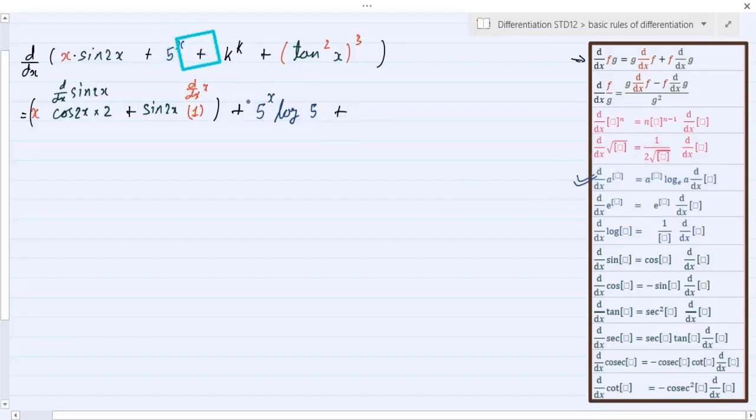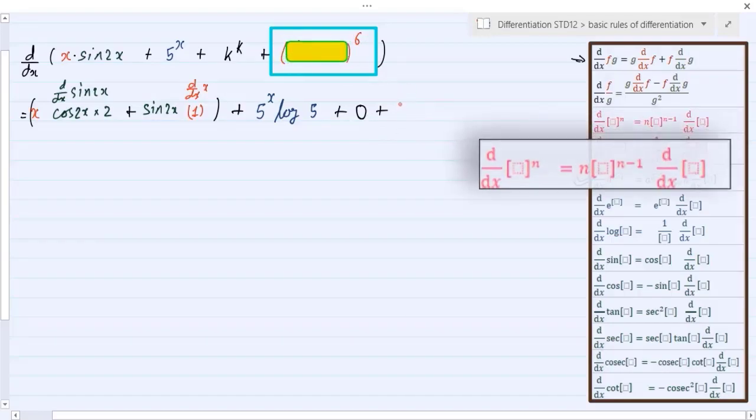Now it's time to differentiate the third term, which is k raised to k. k is a purely constant term, and differentiation of a purely constant term is nothing but 0, plus differentiation of 10x the whole cube, or we can say we have 10x whole raised to 6. So to differentiate this term, we have to consider a box around the 10x.